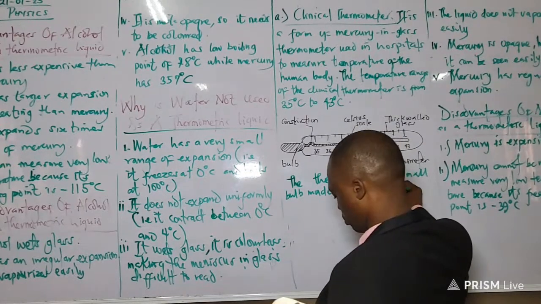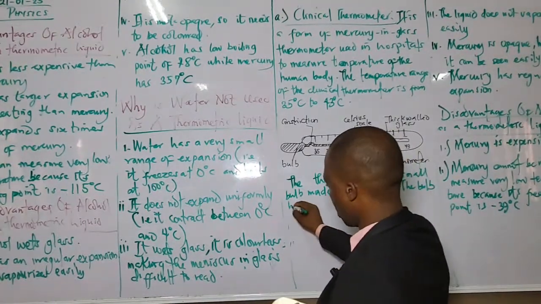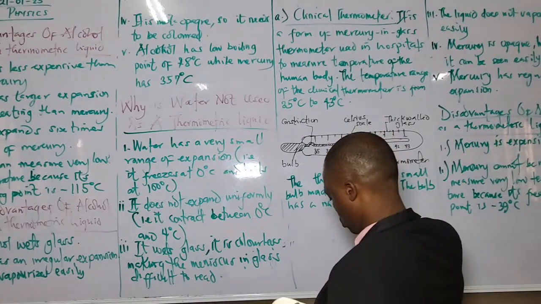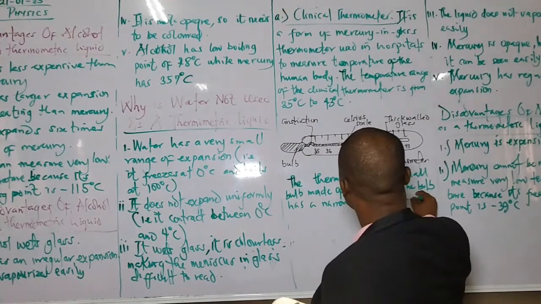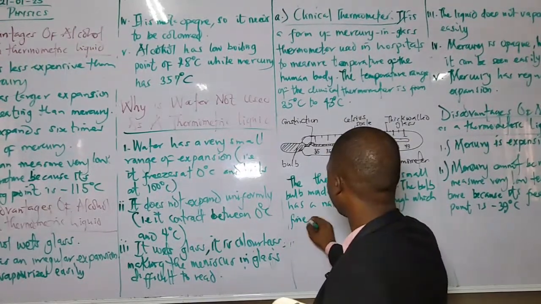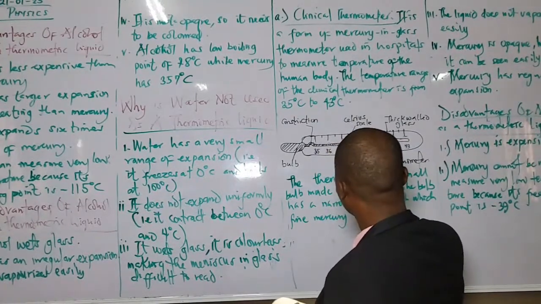The bulb has a narrow bore through which a fine mercury thread moves.